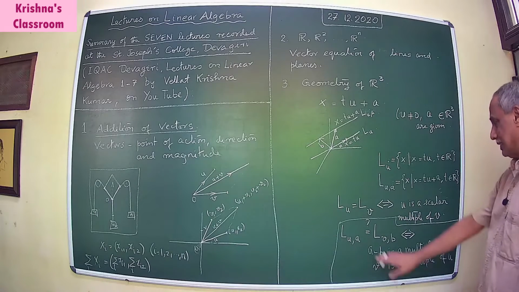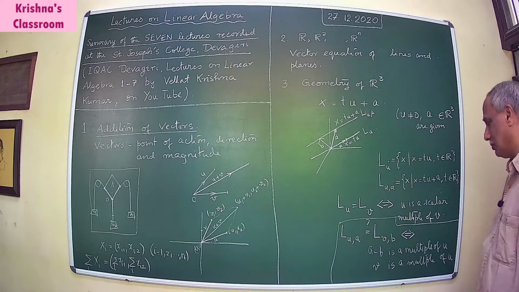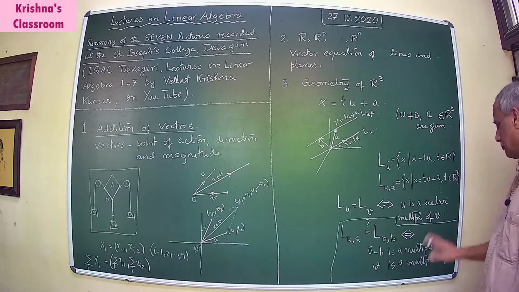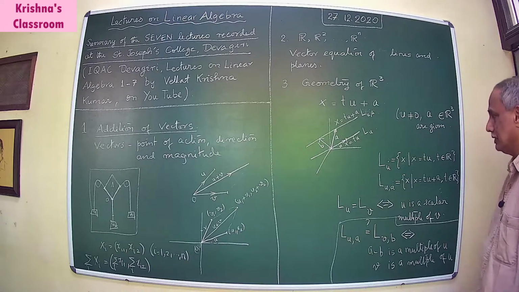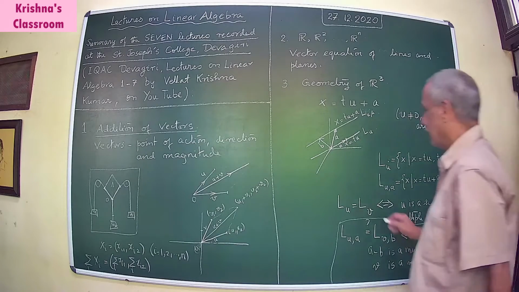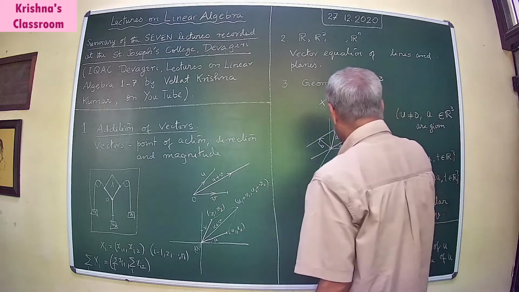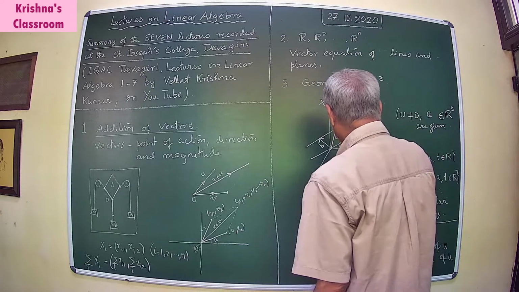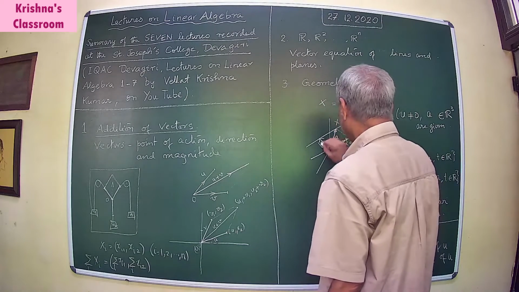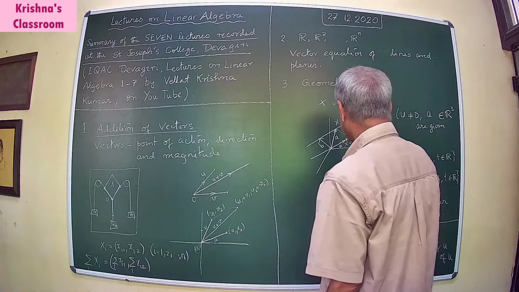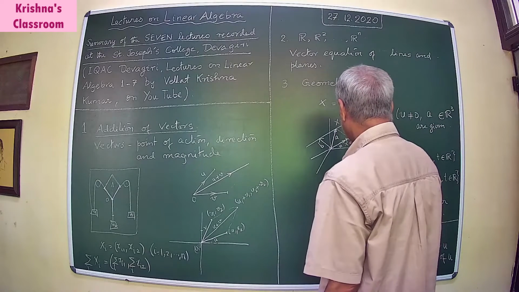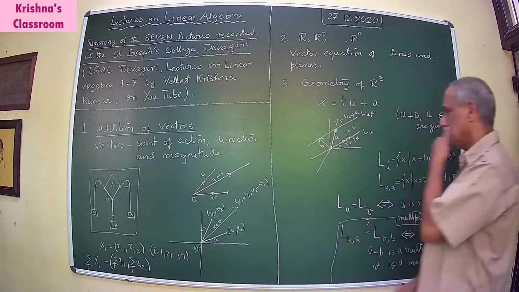The result is L_UA equals L_VB if and only if A minus B is a multiple of U. As you see here, to complete the parallelogram, this is A minus B, and A minus B has to be a multiple. Okay.